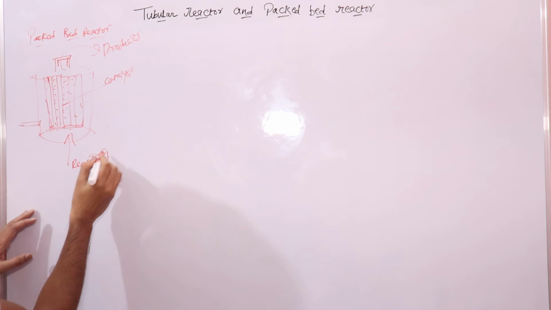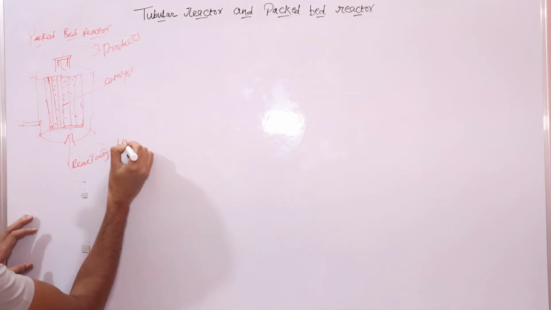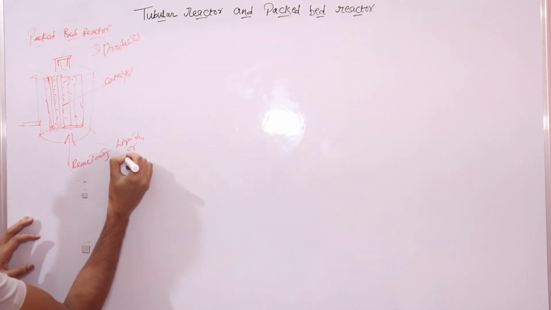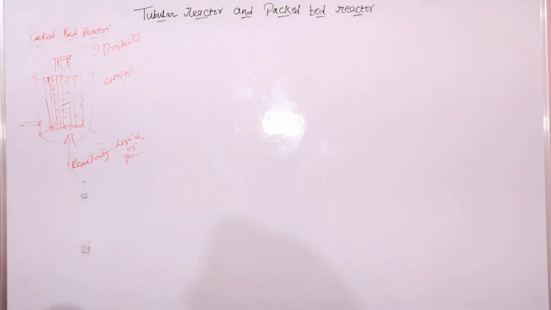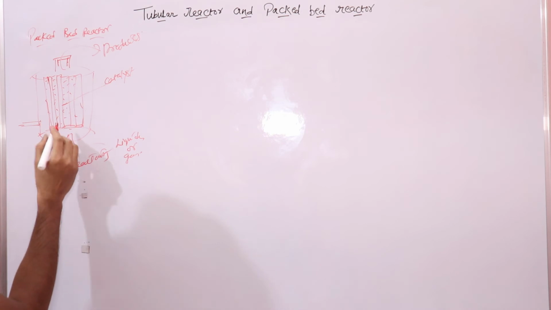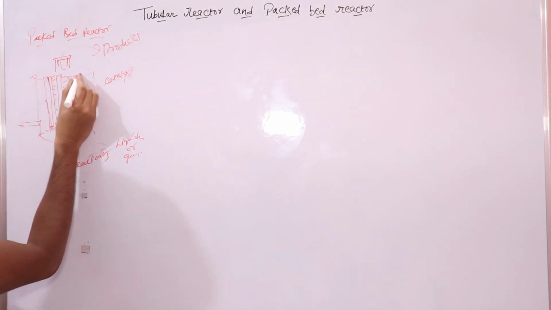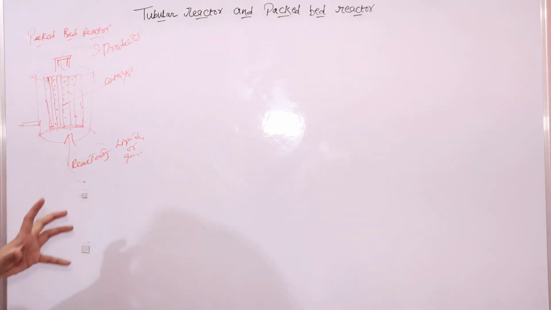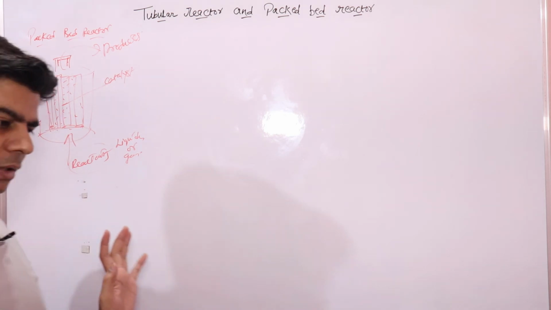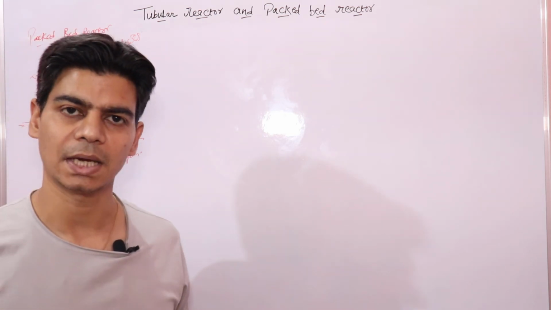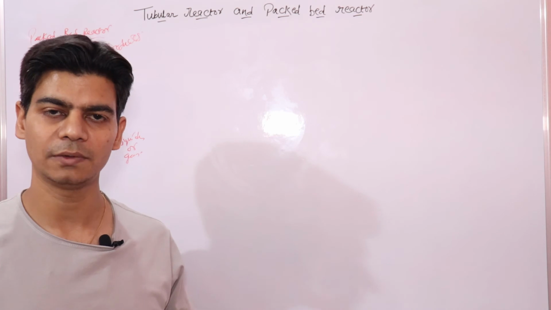When these reactants, which can be liquid or gas, pass through this reactor, what it is mainly concerned with is the solid phase, because in this reactor we will mainly be considering heterogeneous reactions that consist of more than one phase.